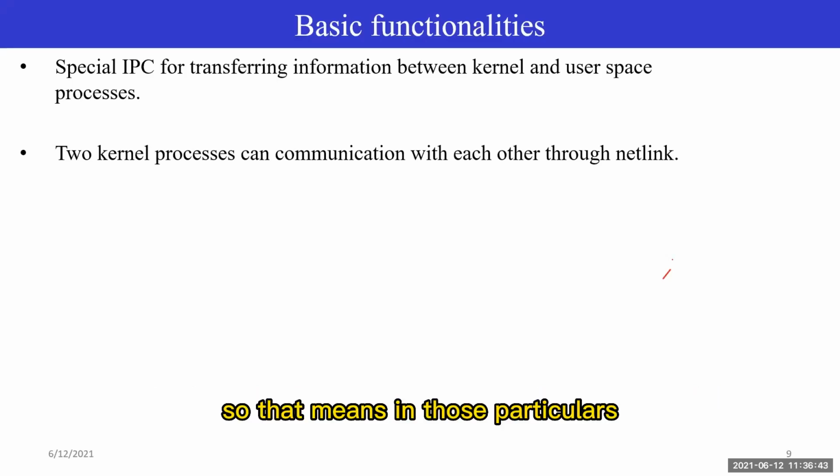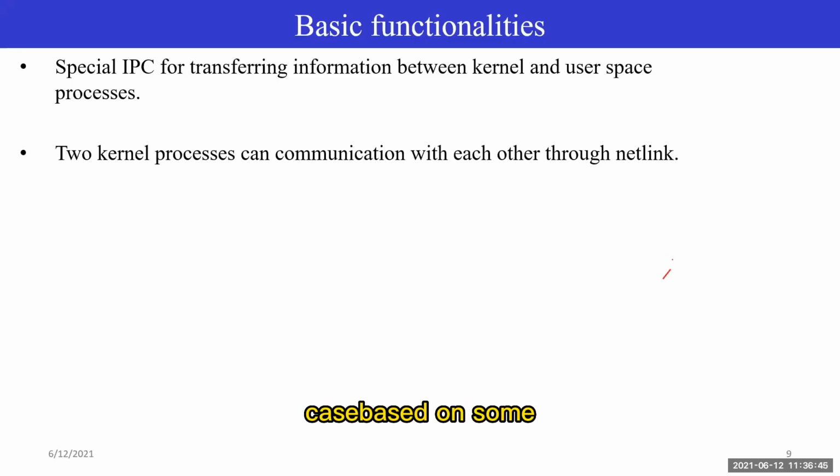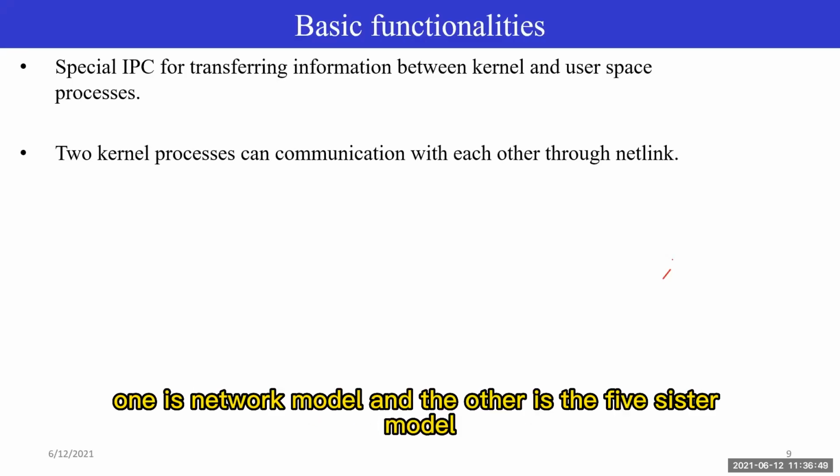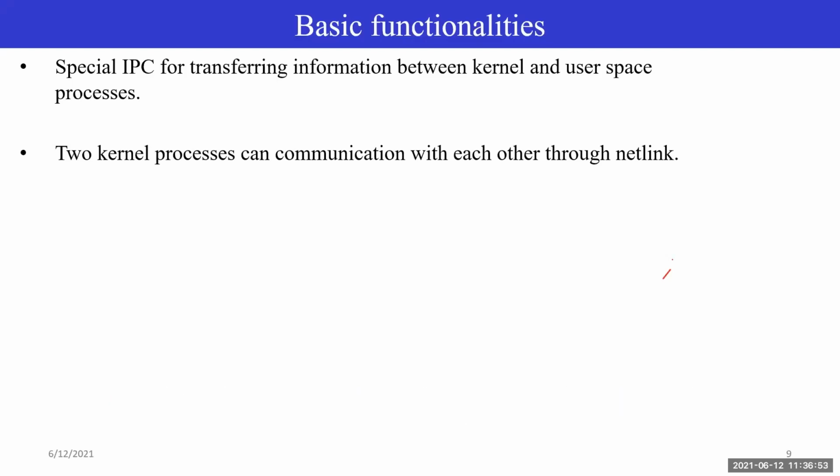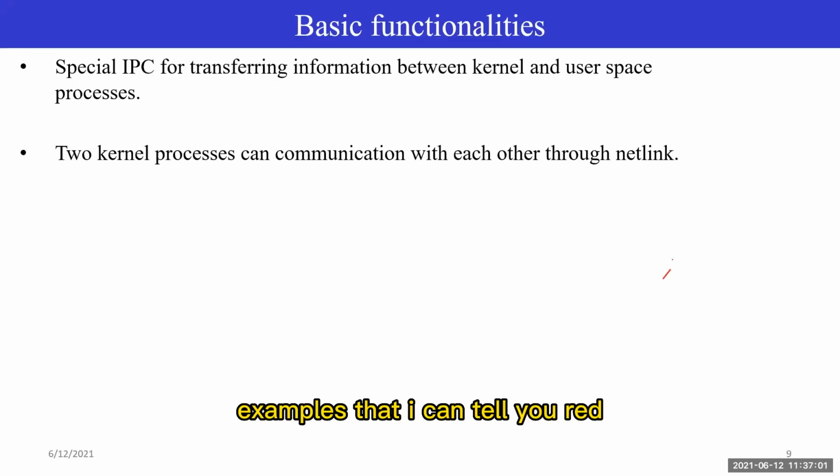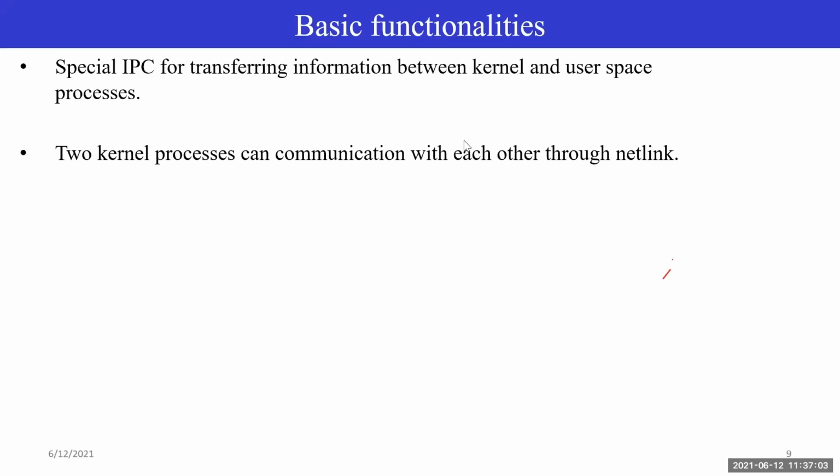So in this particular case, based on some criteria, two modules, the network module and the file system module, need to talk to each other. This is one example where communication between two modules is required.